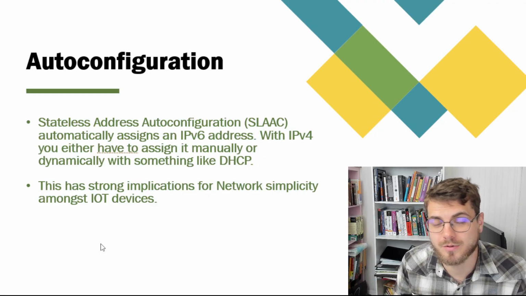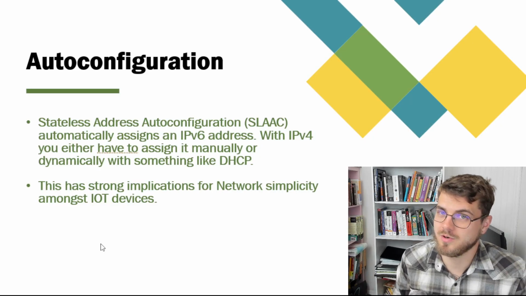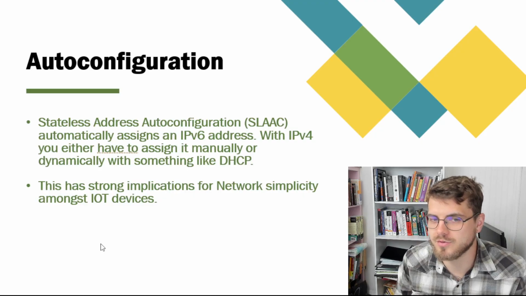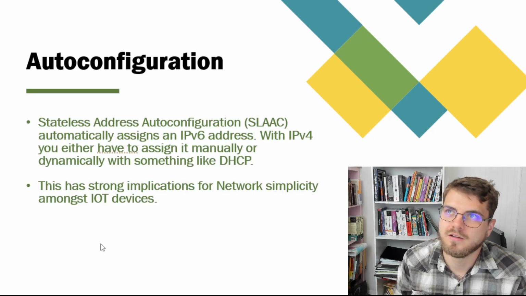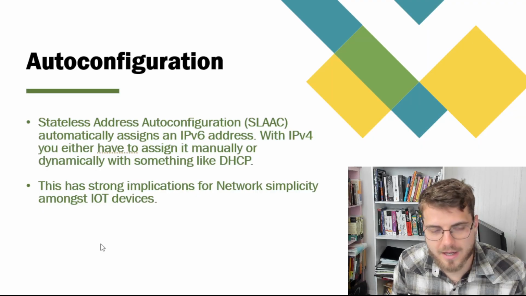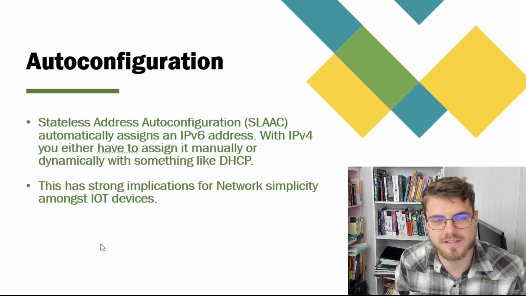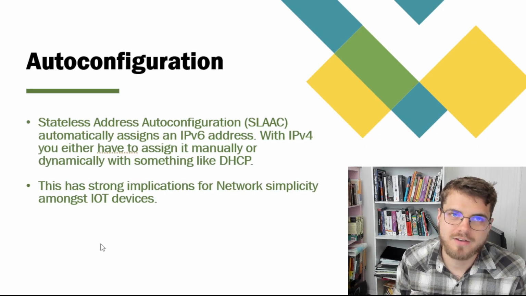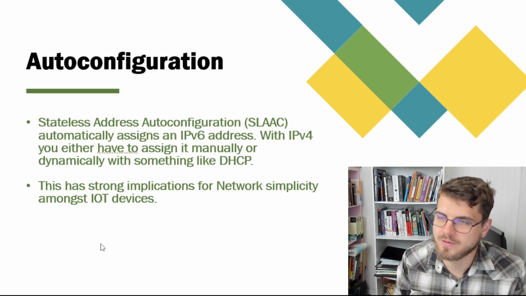That might not sound good if you're worried about security things or you want to be more selective. People are used to using IPv4, so they're used to picking it, which can be a headache as well because if you have IoT devices, like let's say your refrigerator, your microwave, your car connects to the internet, if you had to assign them all IP addresses, that could get very confusing.